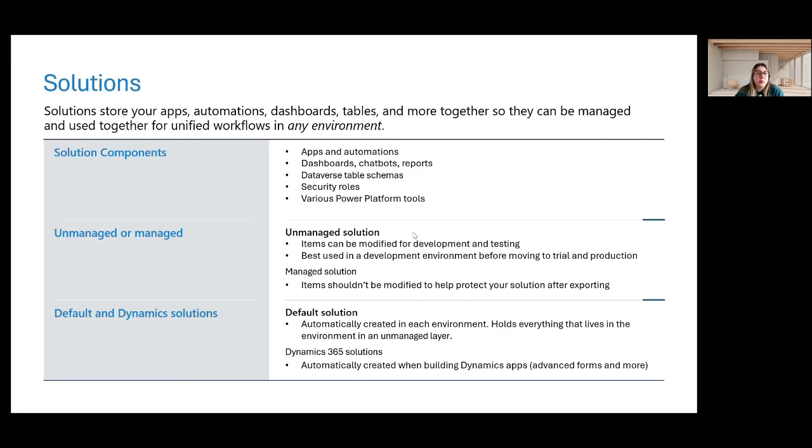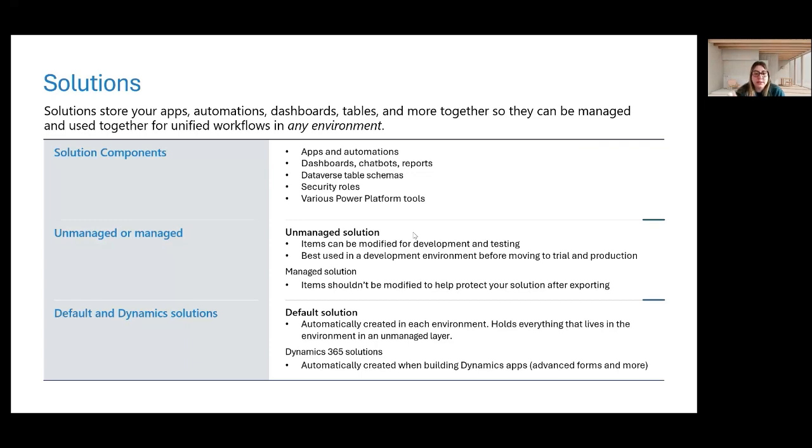Then we have managed and unmanaged solution types. Coming back to the analogy, an unmanaged solution we can see as an open box. An unmanaged solution is for development. It's an open box where you can add your apps.